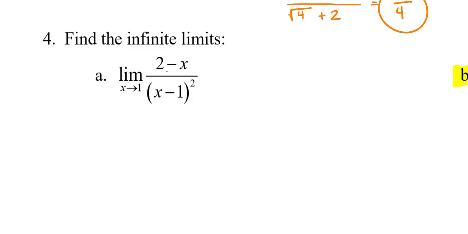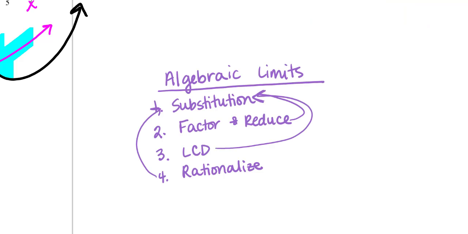What I want you to notice about this problem is if I reference that algebraic list of different techniques that I can try to evaluate any limit, I see substitution, factor, LCD, and rationalize. They all kind of lead me to the substitution.